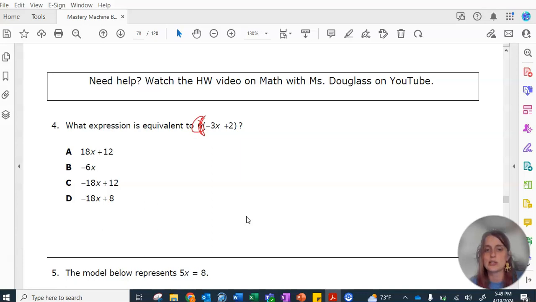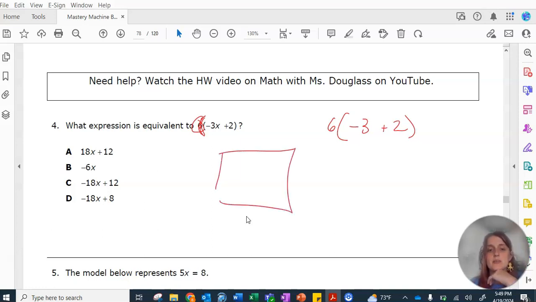It doesn't look like this, but even if it looked like this, technically you would get the same answer if you distributed the times 6 to both terms and then combined your like terms. But we're definitely not going to be able to combine x's and constants, which are just plain numbers, but you can do the distributive property.